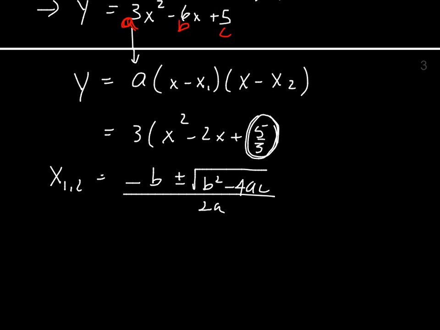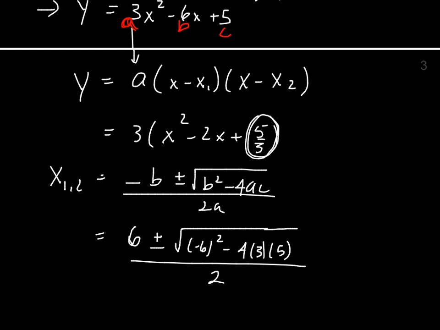When plugging it into the formula, what I get is minus b, so that's minus minus 6, so 6, plus or minus the square root of b squared, so that's minus 6 squared, minus 4 times a is 3, times c is 5, all of which is divided by 2 times a, which is 2 times 3.